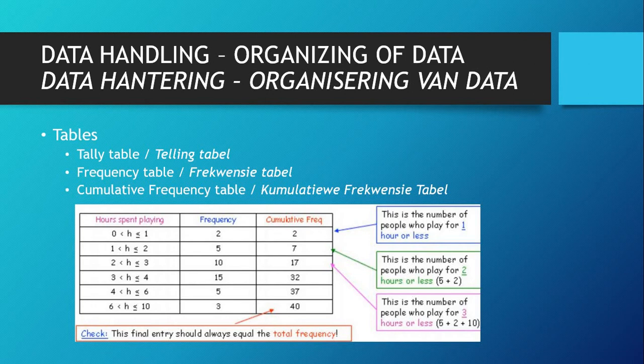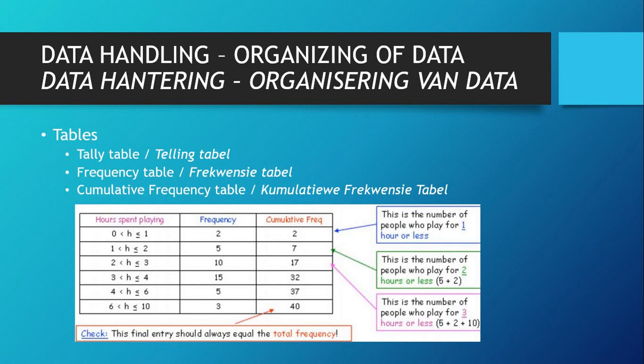So how many kids in total are playing less than 2 hours? So this is the total group. It's now the 7. If you see in green, this is the number of people who play for 2 hours or less. Similarly, if we look at the purple arrow, for the 17, we got that by saying how many learners play less than 3 hours.